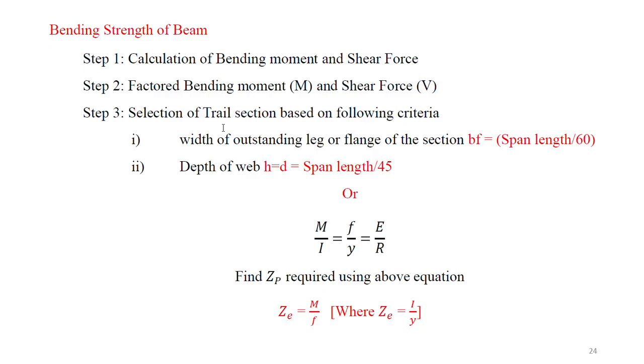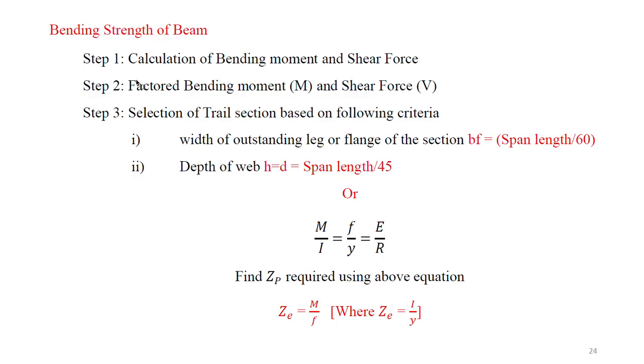How do we find the capacity of the beam or bending strength of the beam? As per IS 800 2007, this bending strength of the beams we can calculate, and the design bending strength of a beam can be estimated by using the following steps.